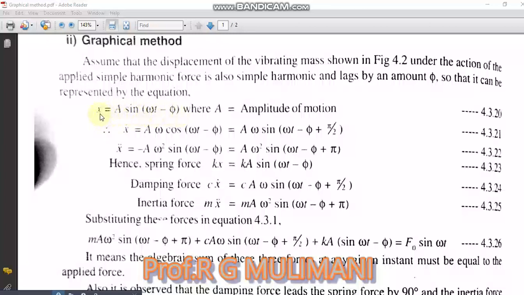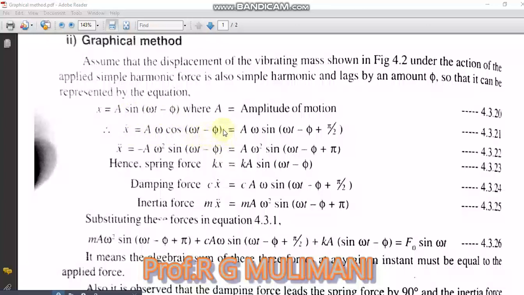Differentiating this displacement component, we can find the velocity component, that is A omega, differentiation of sine is cos(omega t minus phi). As we are representing all the forces and displacement in graphical form, we need to consider the same trigonometric function. Let us consider the sine function. This velocity component now has a cos function.